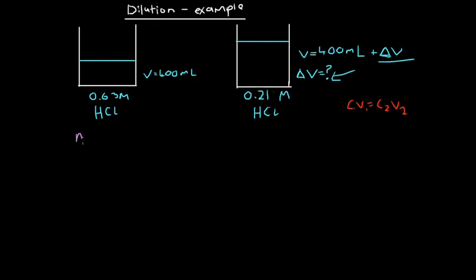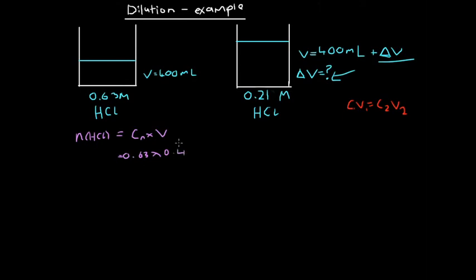So the mole of HCl is equal to, let's use a formula, the molar concentration times the volume: 0.63 times 0.4.